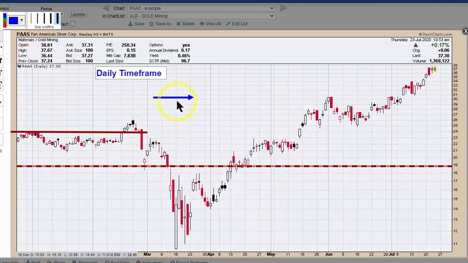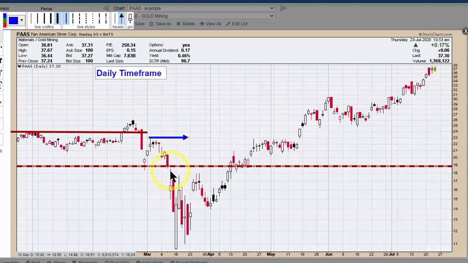You take your short. You set your stop just above the recent high. Okay? You're in the trade. You're going to force the market to take you out. It goes down, hesitates at support, and then breaks.